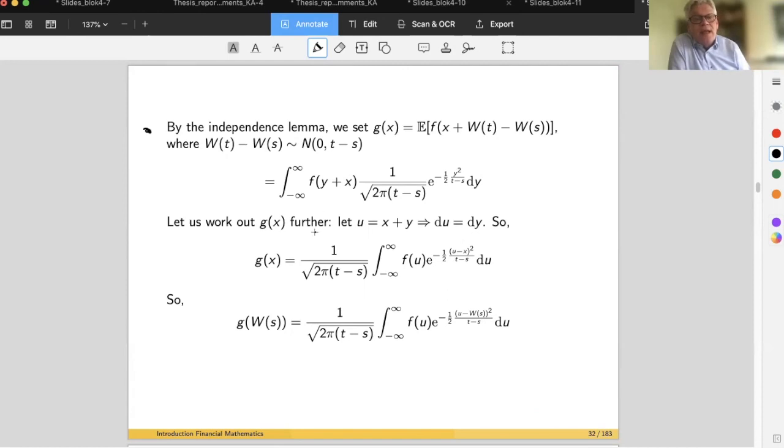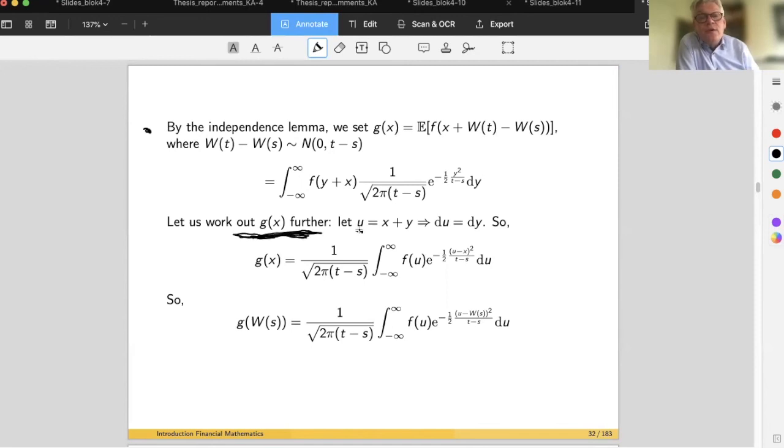And in order to work out that function g of x any further, we would like to see that this function only depends on Ws, because that is the basis for the Markov property. We do a change of variables.